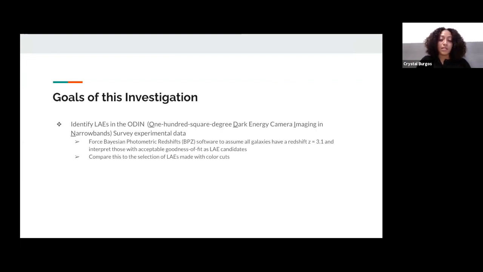These steps were first to force the Bayesian photometric redshift software, or I'll call it BPZ from now on, to assume that all galaxies in the ODIN survey data have a redshift of z equals 3.1. And then we'll interpret those with an acceptable goodness of fit as the LAE candidates that we're looking for. And then we want to compare this to the selection of LAEs made with color cuts. So we want to compare methods.